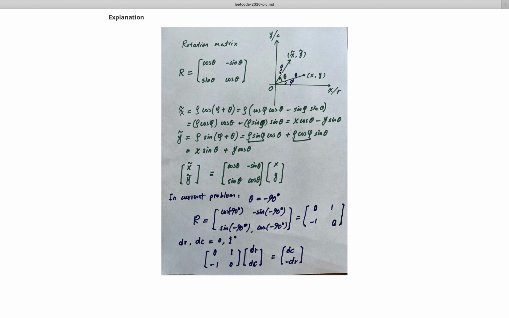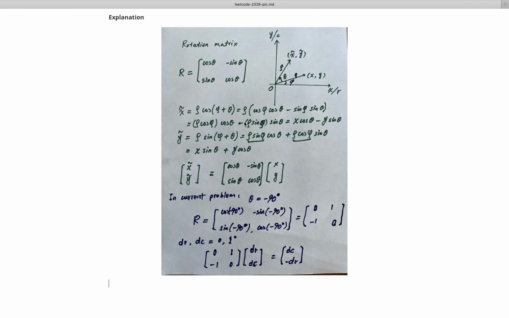So x tilde equals, assume that the vector has the length rho, so it's rho cosine of phi plus theta, right? And similarly, y tilde is rho times sine of phi plus theta. Then we expand the cosine of phi plus theta and sine of phi plus theta. We're going to get this expression.